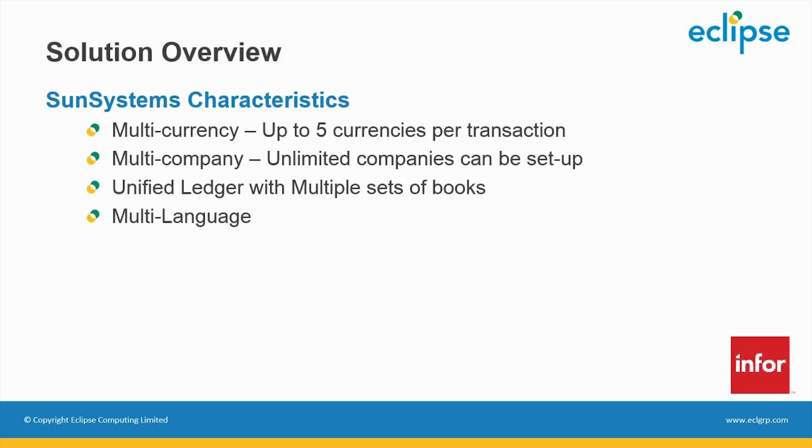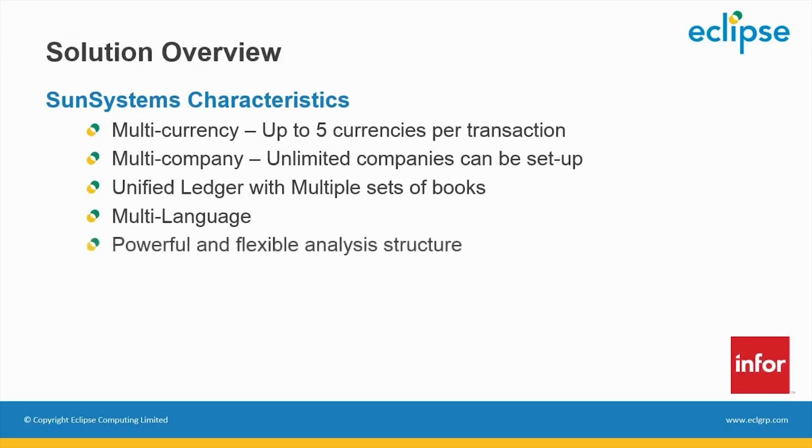So again, SunSystems around the world is a very widely used system. And there's also not just the language capabilities built in, but also the flexibility to deal with things like multiple tax jurisdictions, multiple sets of rules around chart of accounts in different jurisdictions. So it's a system that fits well internationally. And again, that's something that's been reflected in the latest version.